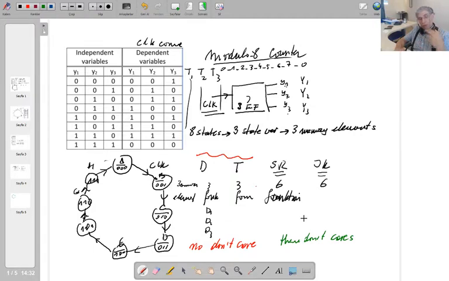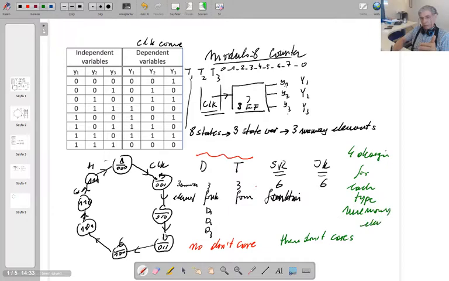Then, from the engineering point of view, while you are designing a sequential circuit, you've got to give four designs, one for each type of memory element, using different memory elements. Then you see the combinational circuit costs for those memory element inputs.